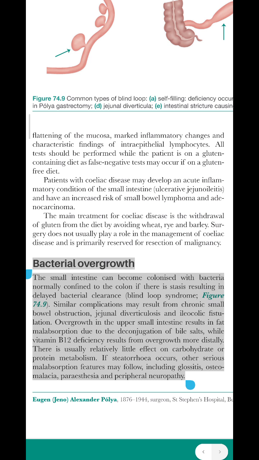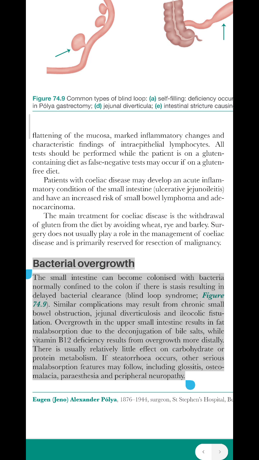Bacterial overgrowth. The small intestine can become colonized with bacteria normally confined to the colon if there is stasis resulting in delayed bacterial clearance, blind loop syndrome, figure 74.9. Similar complications may result from chronic small bowel obstruction, jejunal diverticulosis and ileocolic fistulation.